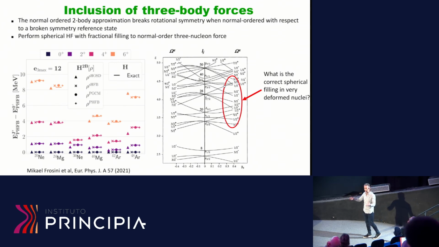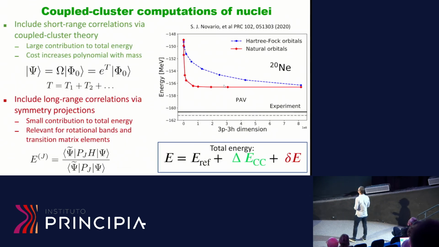Then you perform a spherical Hartree-Fock calculation, and then you normal order your Hamiltonian with respect to the spherical state, and this is the input then to the secondary deformed calculation, but now you have a Hamiltonian that is still rotationally invariant. But I would like to emphasize here, when you go to very deformed nuclei, it's not really clear what is the correct filling of these orbits closest to the Fermi surface. So this is one of the challenges that we're dealing with in these kinds of calculations here.